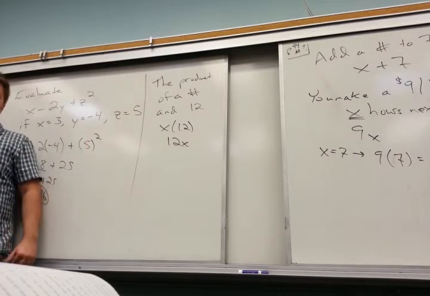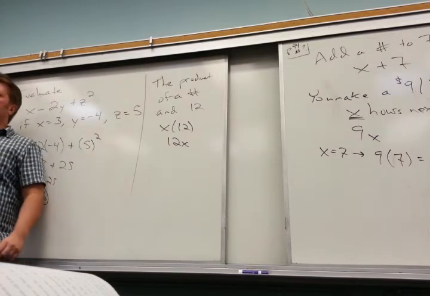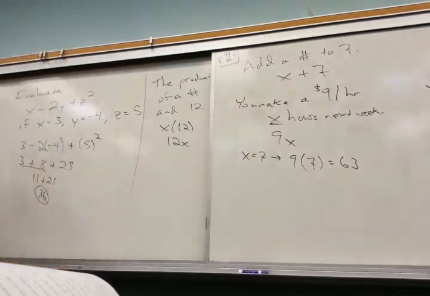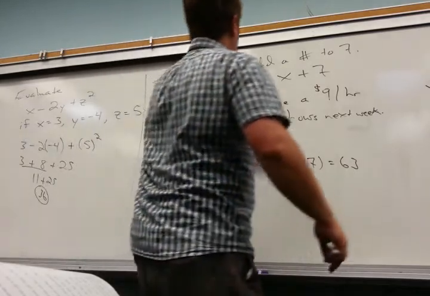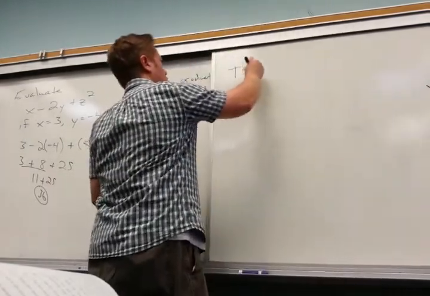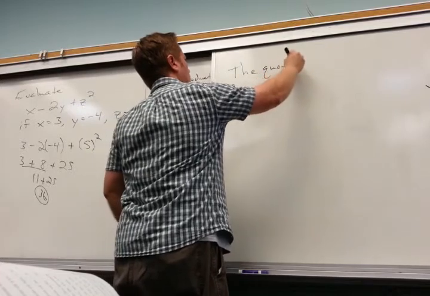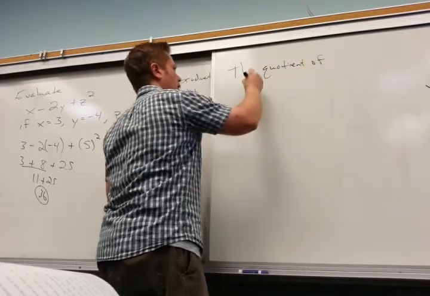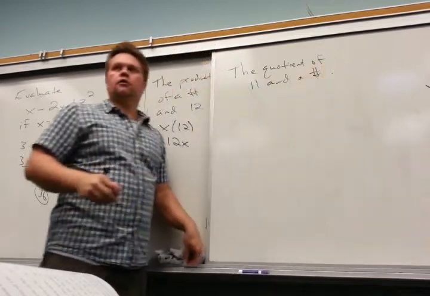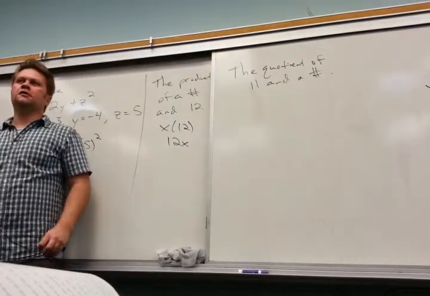There's one extra little thing that's a little evil in this section. We already talked about, for example, how would you do the quotient of 11 and a number? 11 over x. Careful now.